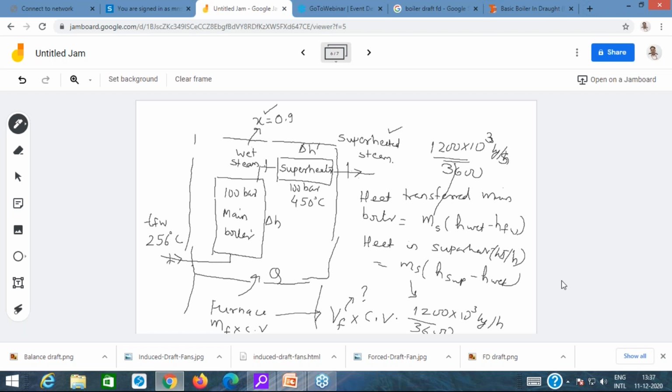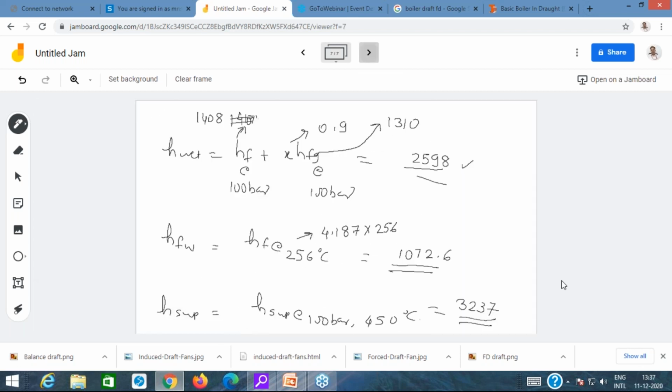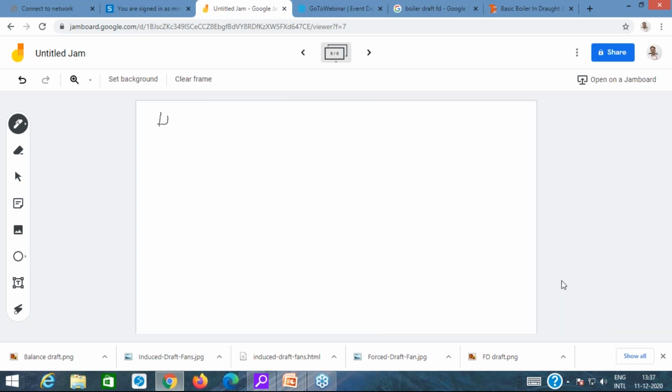So tell me the heat transferred in the boiler. Just do these calculations. Heat transferred in boiler. When I'm saying boiler, I'm excluding the superheater in this problem. So M of S into H of wet steam minus H of feed water.